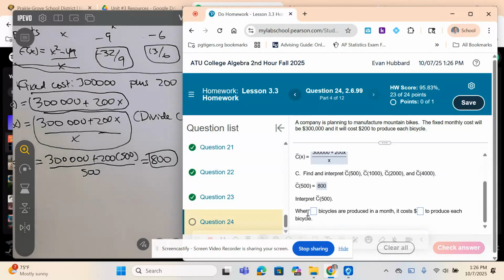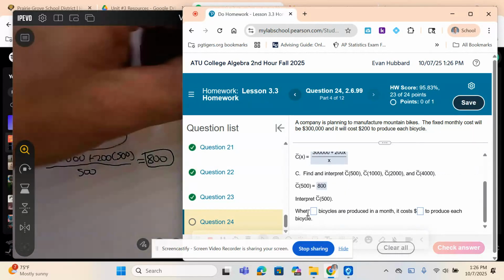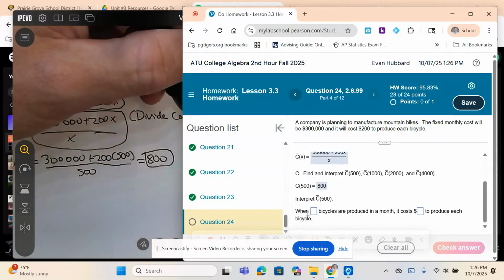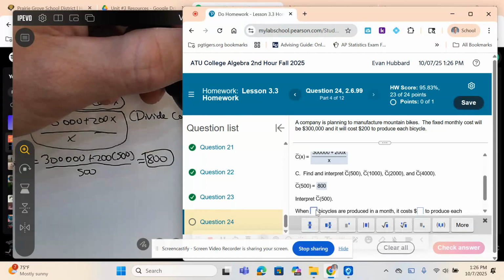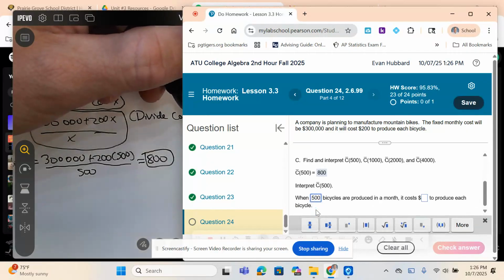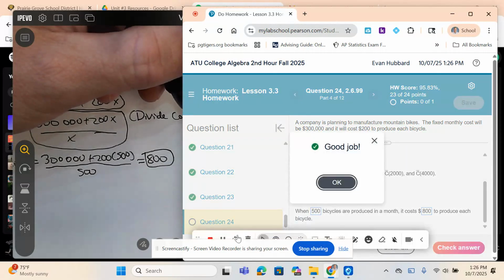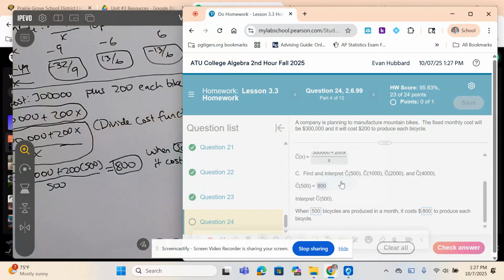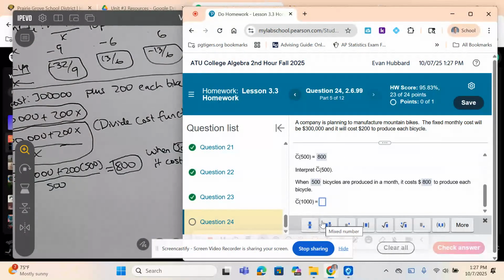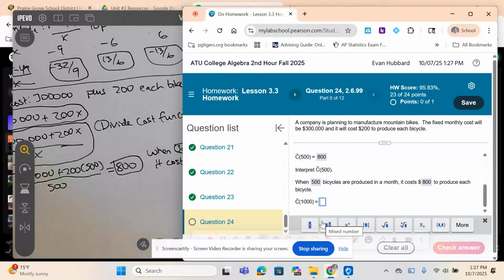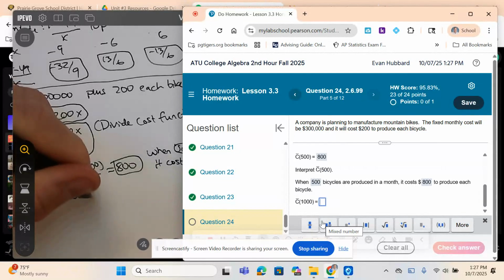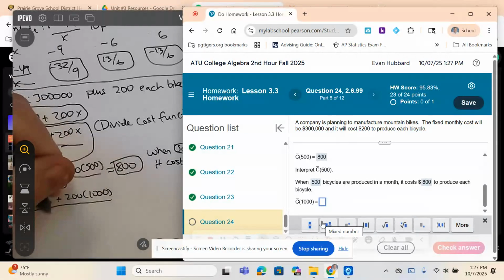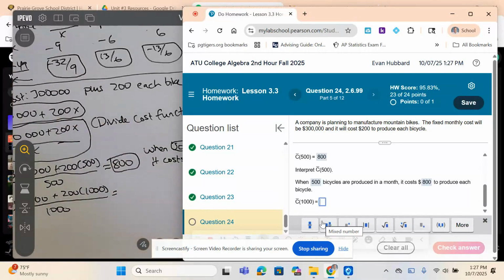All right, interpret it. So what that means is when 500 bicycles are produced, the average cost is $800 to produce each bicycle. All right, C bar of 1,000. So 300,000 plus 200 times 1,000 divided by 1,000. I'll change the 500s to 1,000.